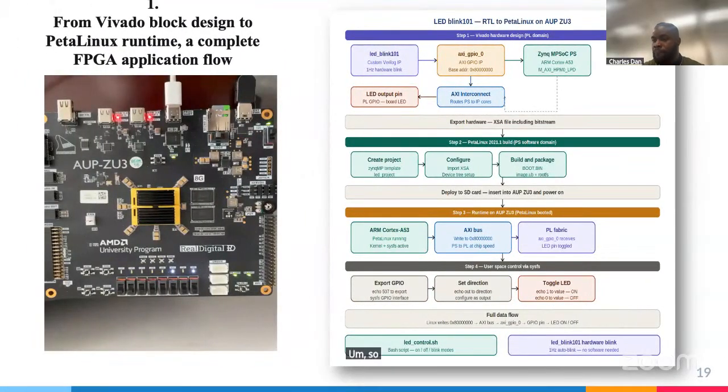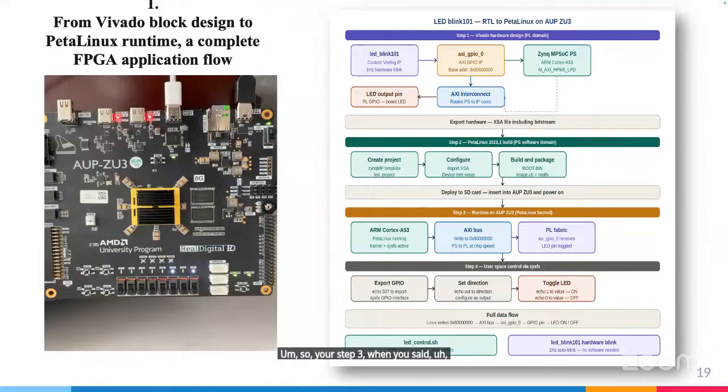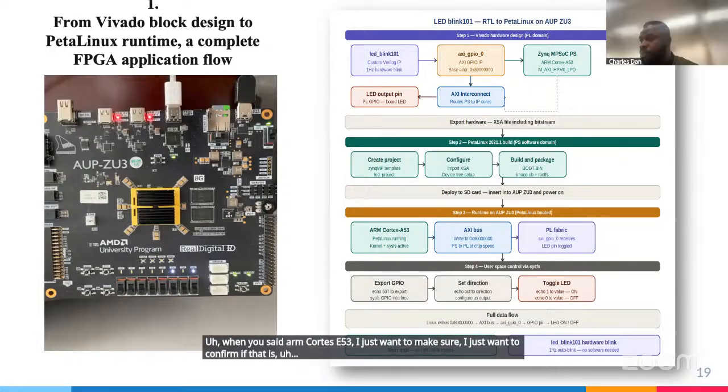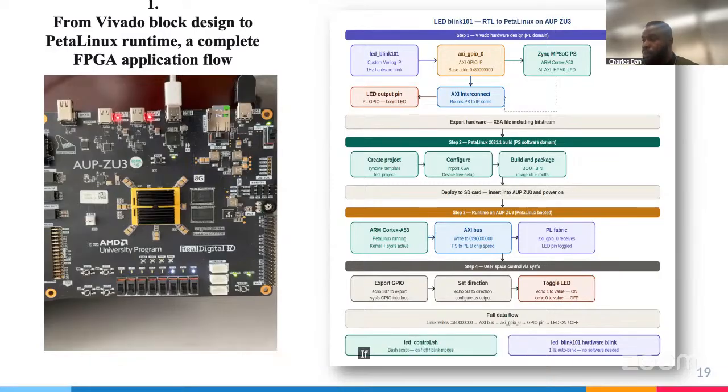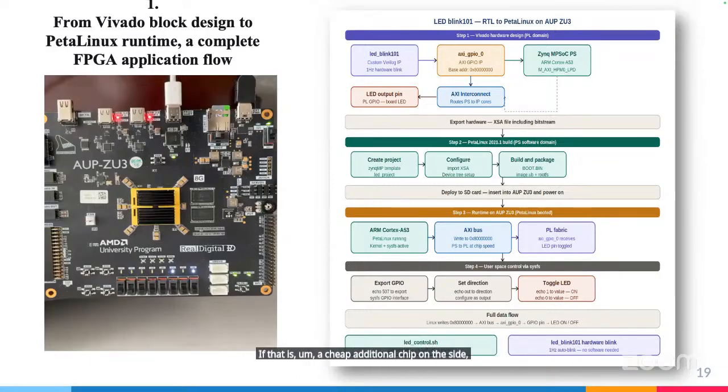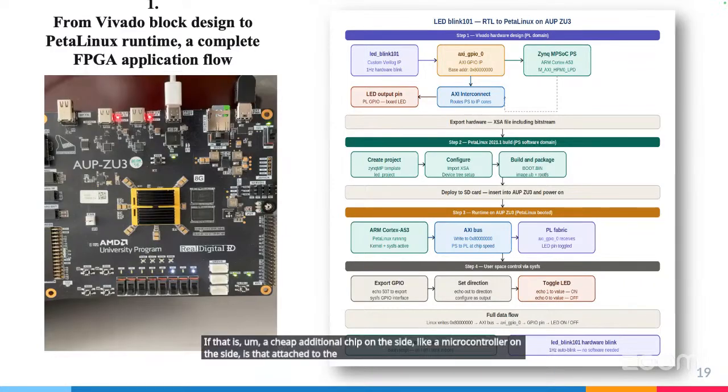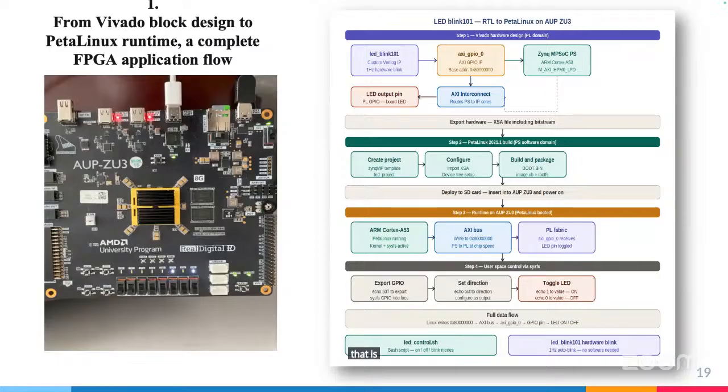So your step theory, when you said runtime and AUP, when you said Cortex A53, I just want to confirm if that is an additional chip on the side, like a microcontroller, is that attached to the FPGA board, or is it embedded into the FPGA board, or is it an external chip?